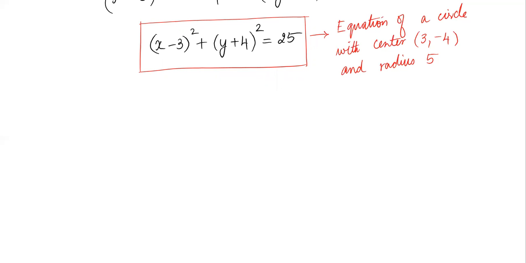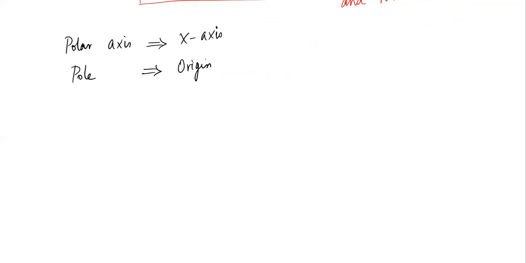When we use the word pole, we mean the origin. I'm going to call upon that later, but let's remember this. Polar axis implies x-axis, and pole implies the origin, 0, 0.